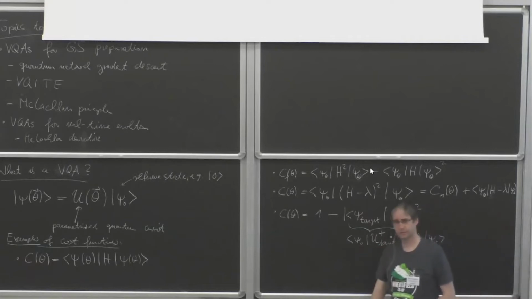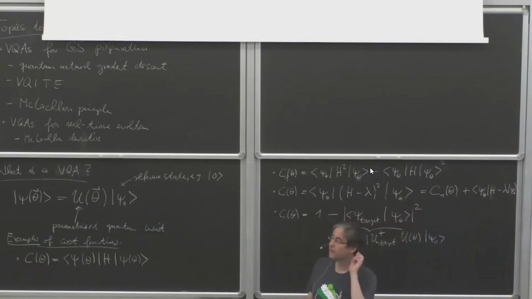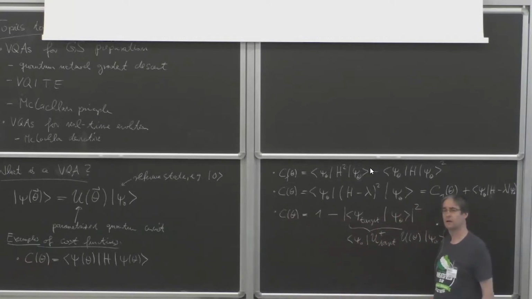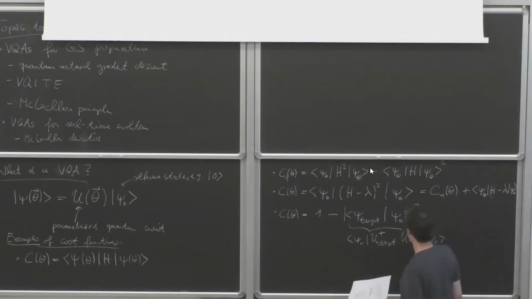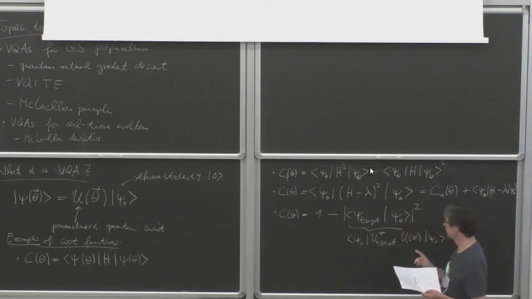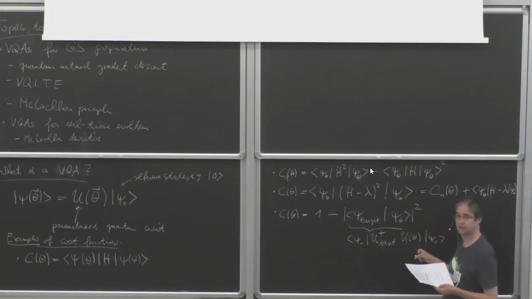Yeah, question? No, U target is given here. But if you know your target, don't you know what you need to prepare? Sorry, can you please repeat the question? Oh, right. The question was, if I know U dagger target, would I know what to prepare? Yes and no. You may still want to compress that unitary into another unitary.